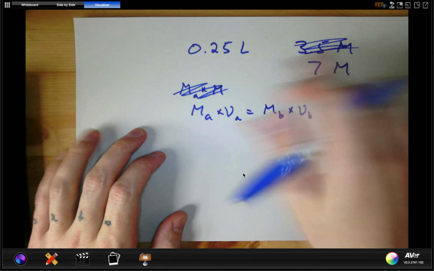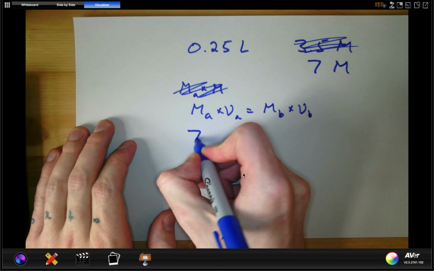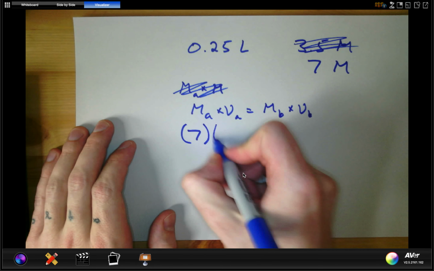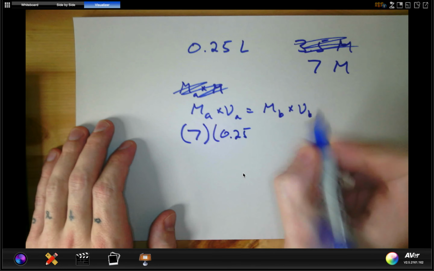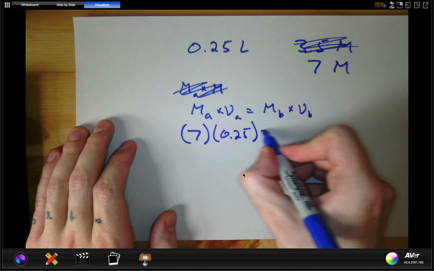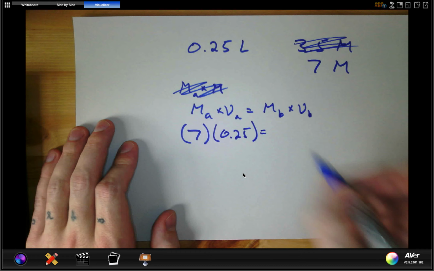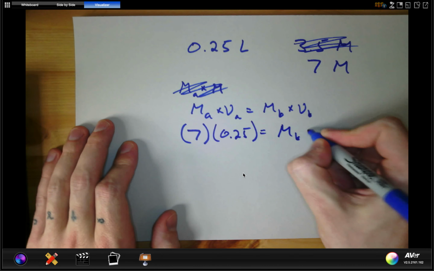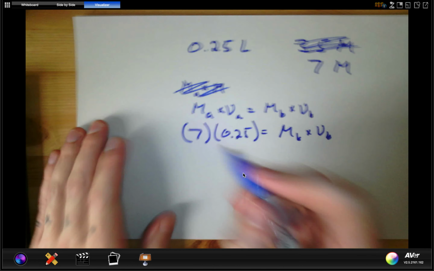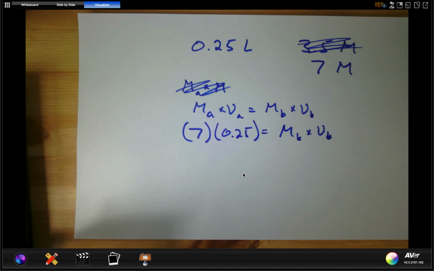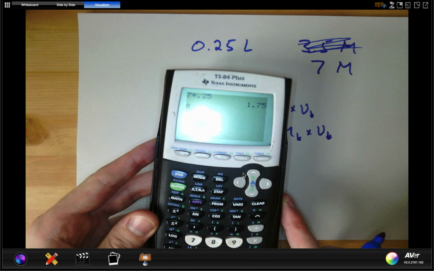This is for our acid here, so the molarity is 7, and the volume is 0.25, okay? And that's going to be equal to whatever the molarity of the base times the volume of the base is. So let's do that out real quick. So 7 times 0.25, right? 1.75.